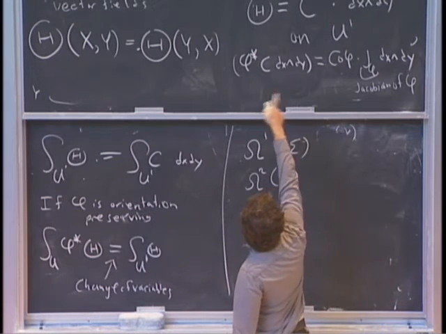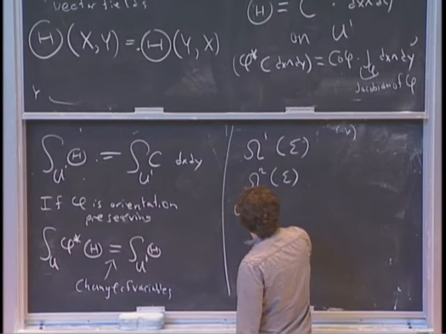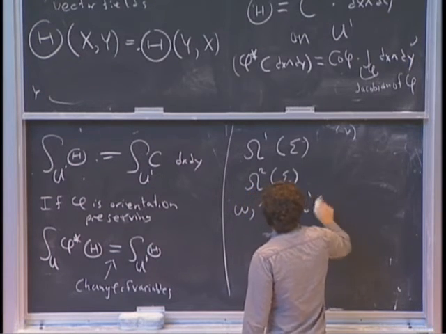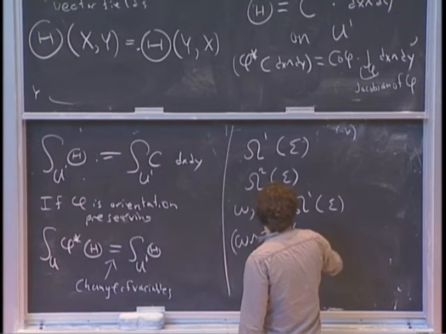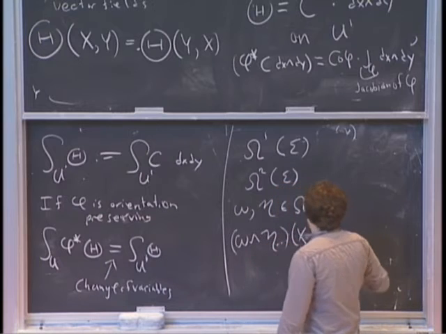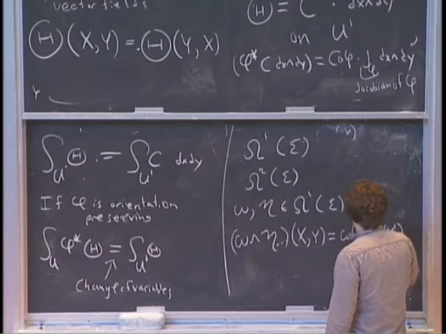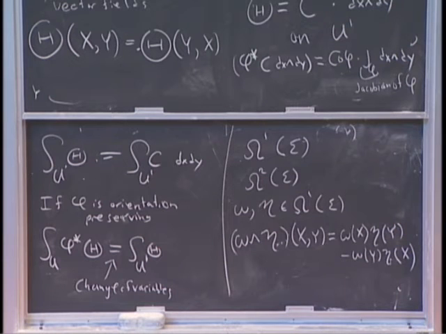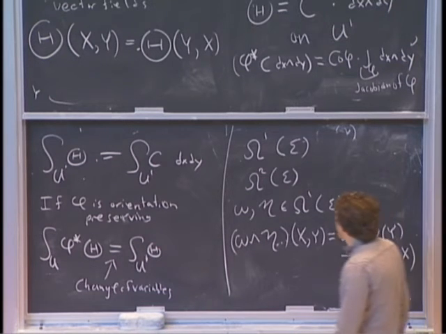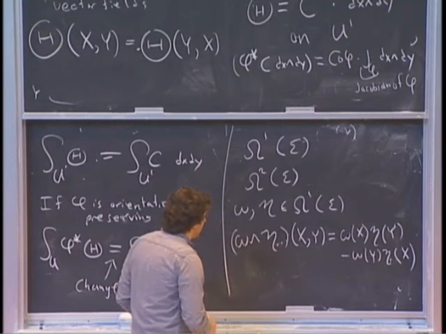On the one hand, we can generalize this notion of wedge by defining that if we have two one forms, we have the wedge product of them, which acts on vectors x and y by, which is clearly anti-symmetric and bilinear. So that's a way of pairing one forms together to get a two form.